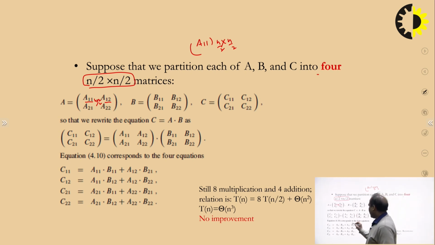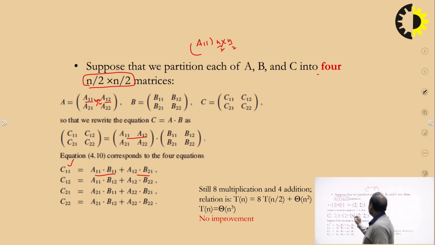So if you multiply them together, look at here, this is the multiplication. We divided the 4 by 4 matrix this way, right. If you multiply them, A11 B11 plus A12 B21, this is the first one, C11, first row, first column, okay.